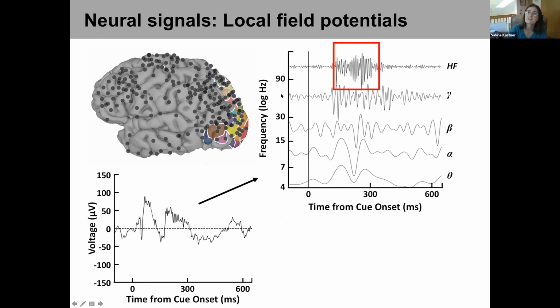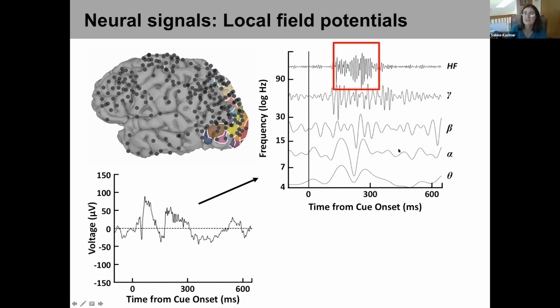What we can do with the signals is filter them along different frequency domains. So again, this would be a time from the cue onset in our driver task. And the signal that I will particularly focus on for these human ECoG recordings is the high frequency broadband signal above 70 hertz roughly, which can go all the way to 200 hertz or so, depending on where your cutoff is with the recordings.